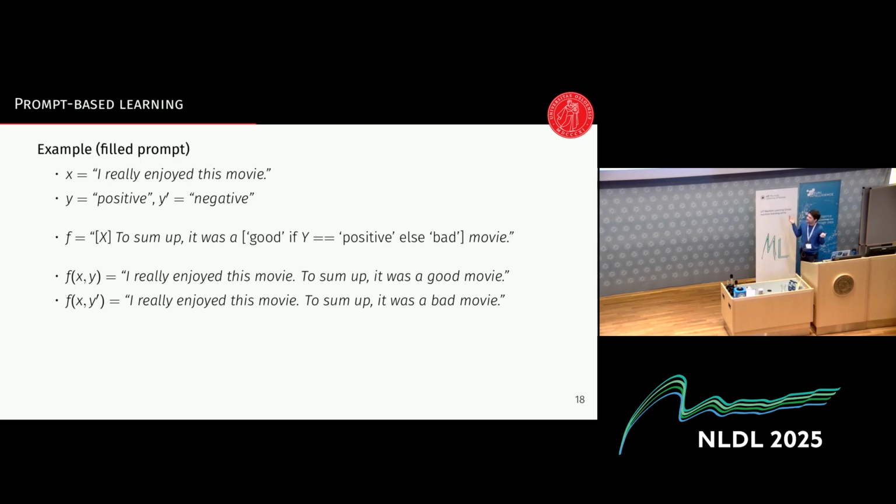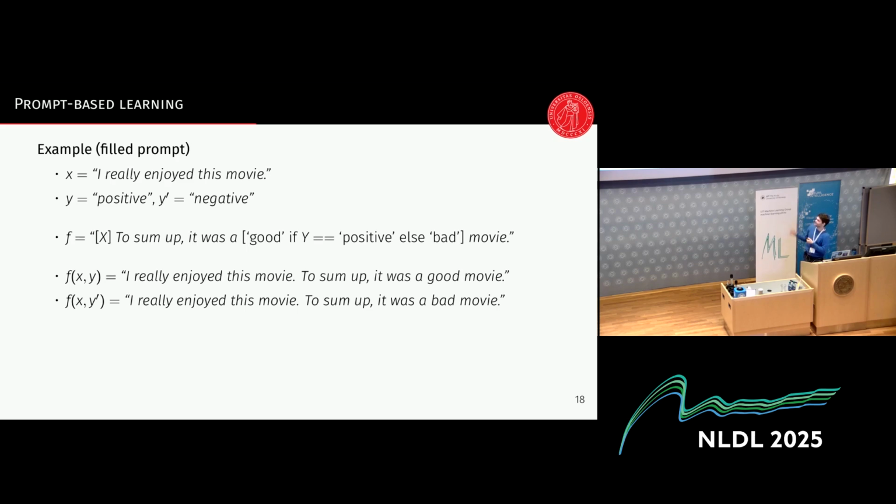And if you have a language model that has some degree of understanding of a language, it should assign a higher probability to the first sequence than to the second sequence, because the second sequence doesn't really make sense semantically. By doing this, we can infer that the label, in this case, is positive, because the first sequence has a bigger probability.